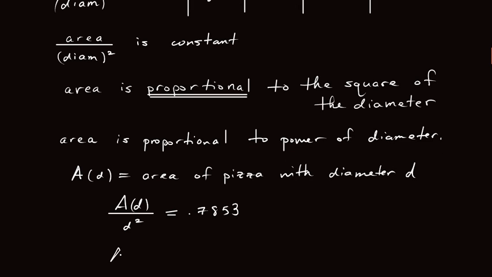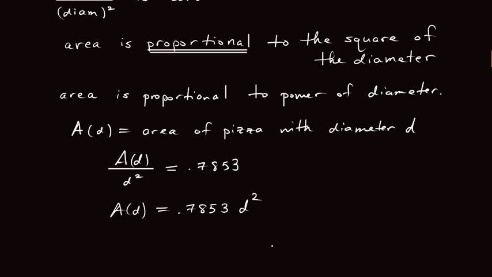So that means that A of D is equal to 0.7853 times D squared. So this is our first example of a power function. Area is a power.